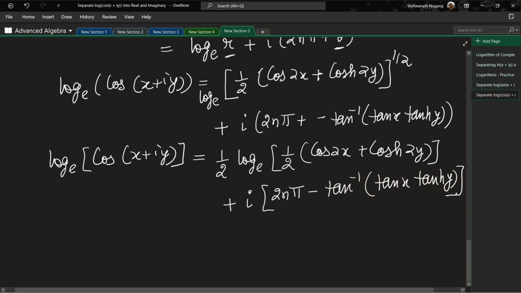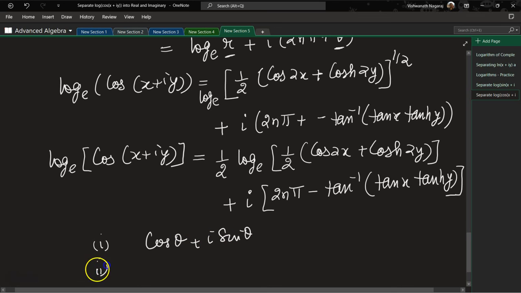Okay. See here, the thing is, you have to remember certain things, certain techniques. Say, for example, you need to know that sine or cos can be written in the form of cos theta plus I sine theta, right?